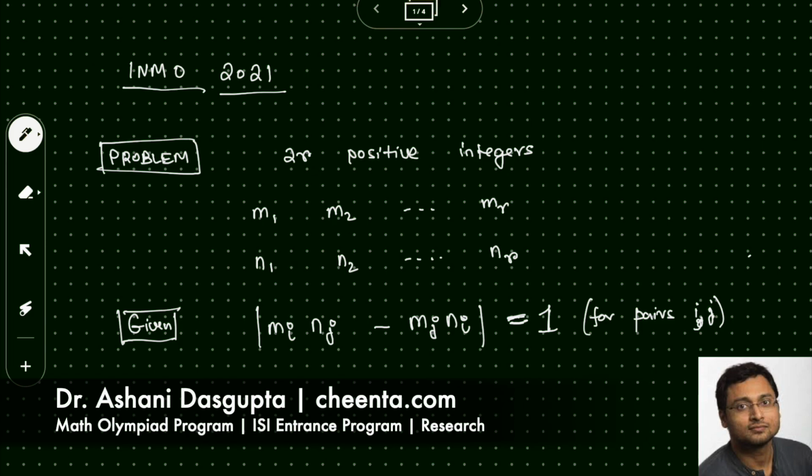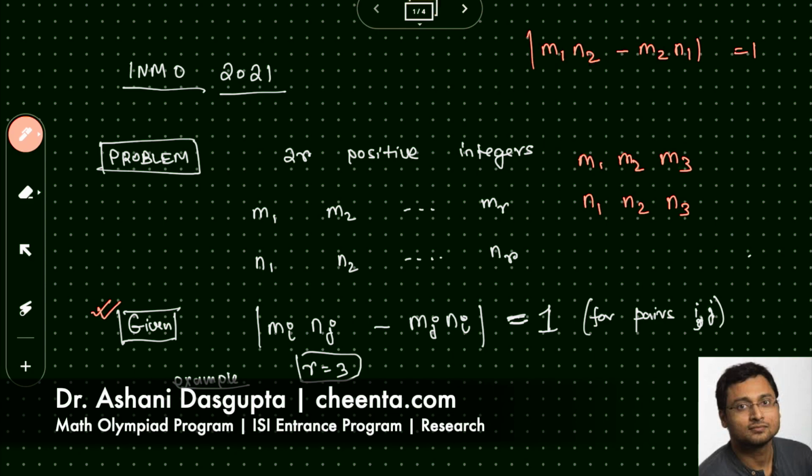So for example, if we have r equal to 3, this is just an example, then we have three numbers m1, m2, m3 and three other numbers n1, n2, n3, and by this condition we would be able to say that |m1 n2 minus m2 n1| is 1, |m1 n3 minus m3 n1| is equal to 1, |m2 n3 minus m3 n2| is equal to 1.